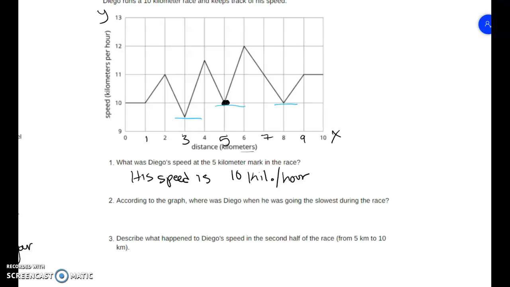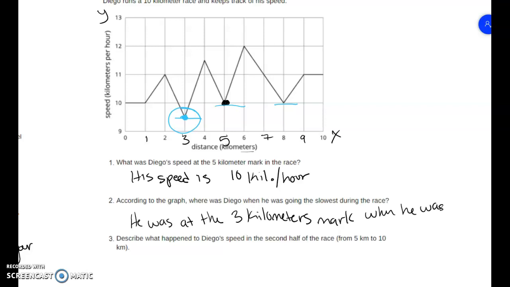So those are my 3 low points, and obviously this point right here is going to be the lowest. So according to the graph, where was Diego when he's going the slowest? So we're going to say he was at the 3 kilometers mark when he was the slowest.